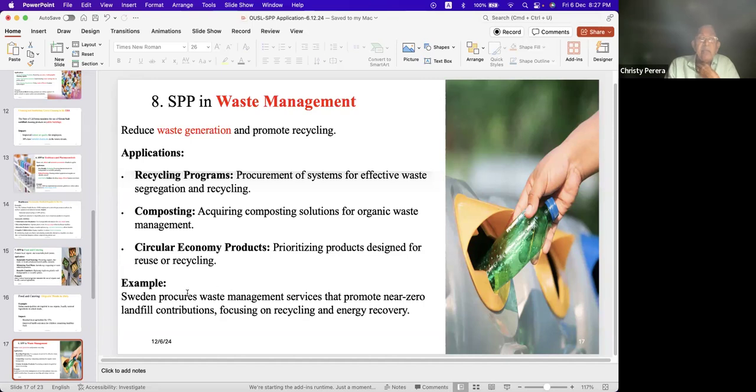They have a scheme in Sweden. They say they have zero landfill contributions for waste. That means there's nothing to put underground. Everything is recycled. They have a scheme name called zero landfill contribution.